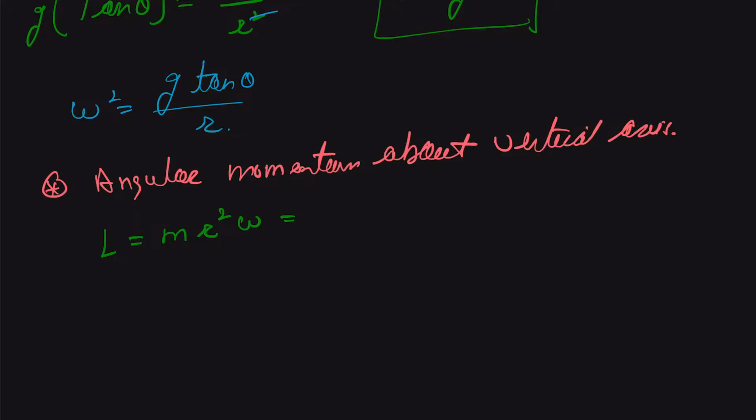So this comes as m r square times the square root of g tangent of theta divided by r.